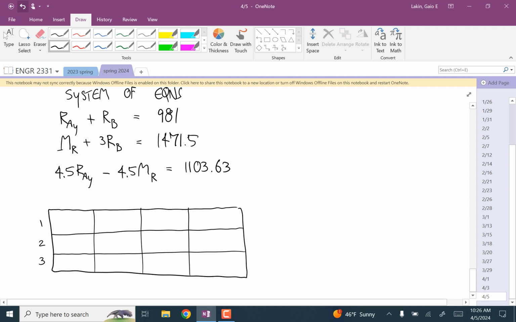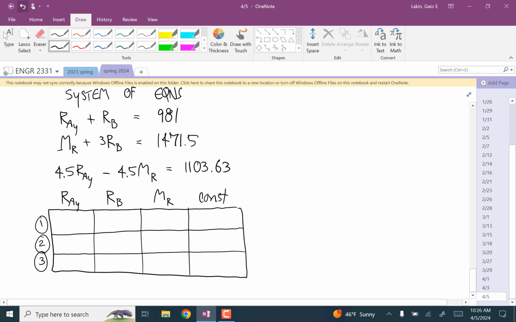The variables are RAY, RB, and MR, and then here's the constants.